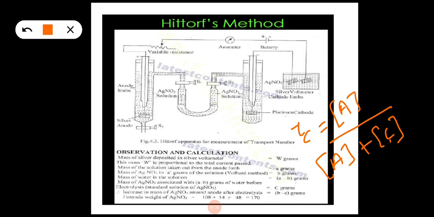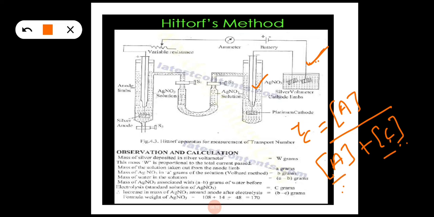Instead of these two, the decrease in concentration is proportional to the speed of cation plus the speed of anion, or the current carried by cation plus the current carried by anion, but it is itself equal to the amount of silver deposited here. So from the amount of silver deposited, we can know the total current carried.